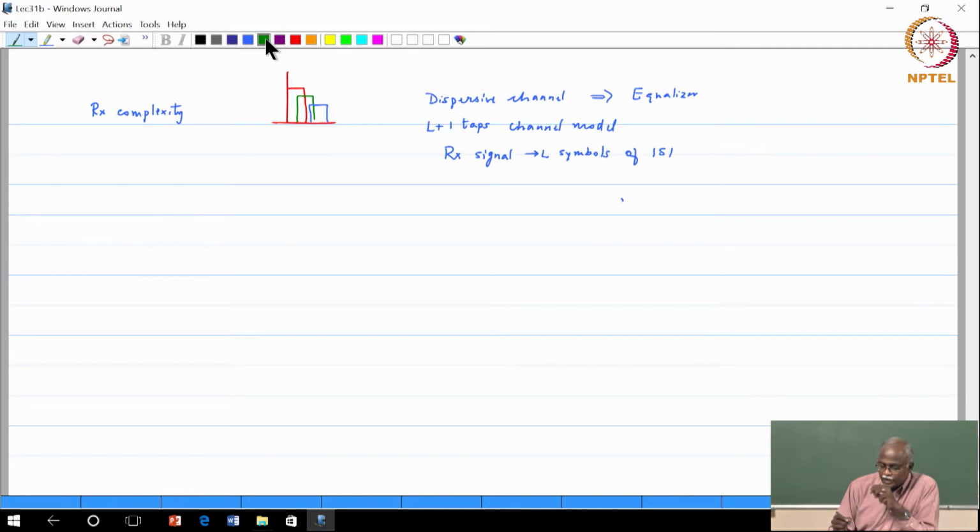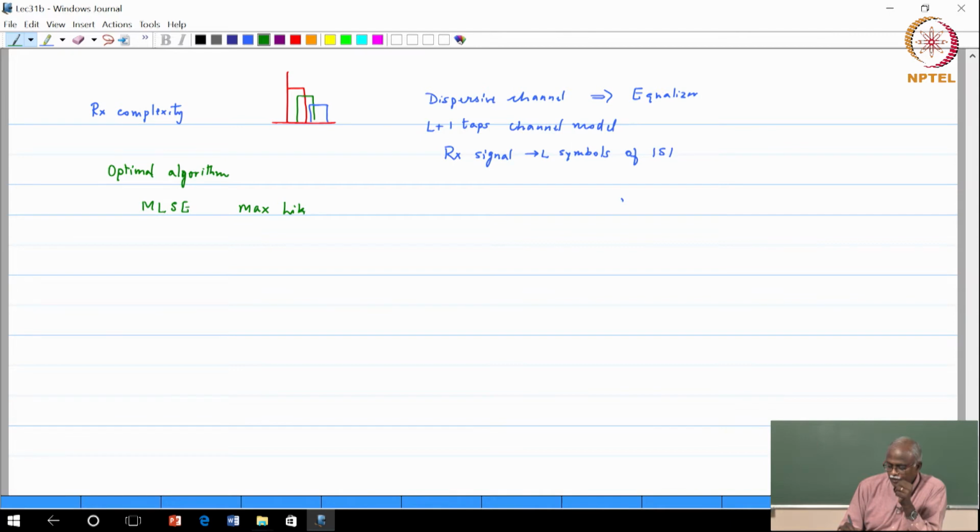And in the equalizer domain, of all the algorithms, there is an optimum algorithm for equalizer. Can you give me one of the optimum algorithms which you have studied, among the different types of equalizers? It's called maximum likelihood sequence estimation, MLSE.